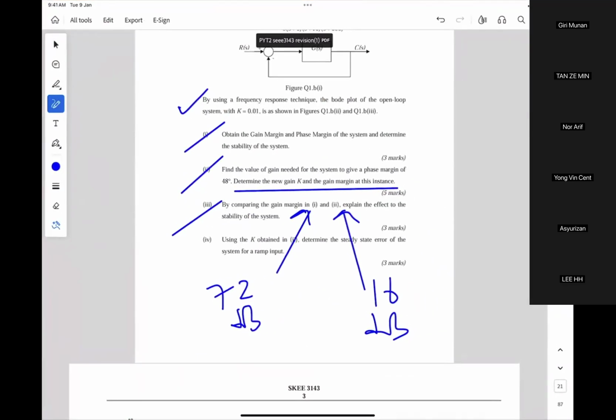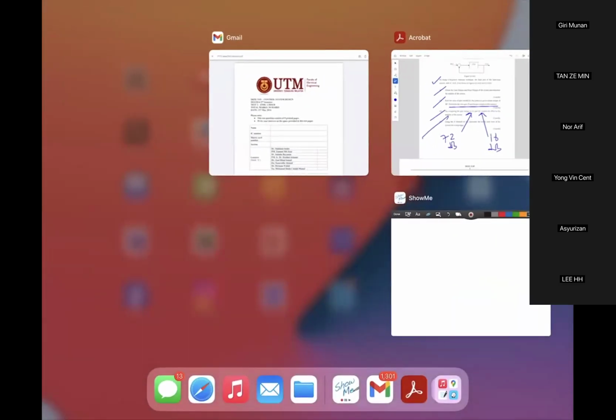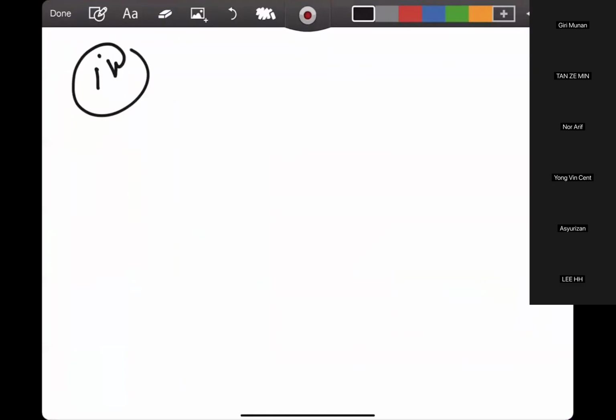Then using the K obtained, determine the steady state error of the system for an input. Steady state error.